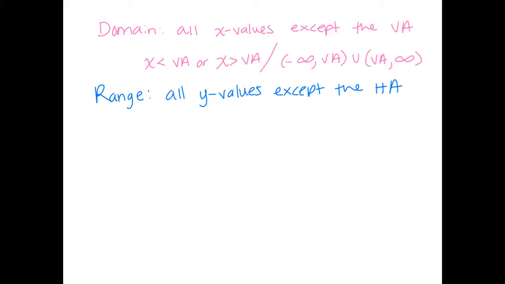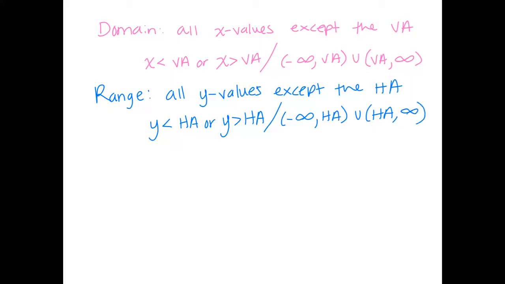And so this is always going to look like y less than the horizontal asymptote or y greater than. And in interval notation, we start from the bottom, negative infinity, until we reach the horizontal asymptote, and then pick up on the other side of the horizontal asymptote and go on forever to positive infinity.